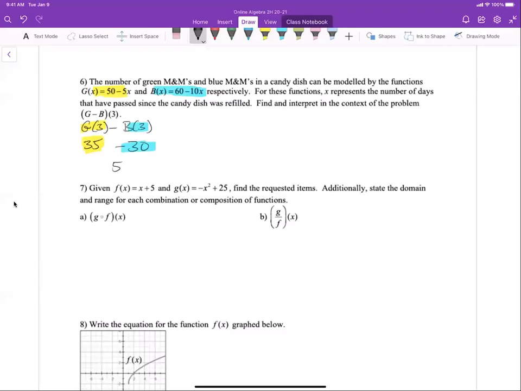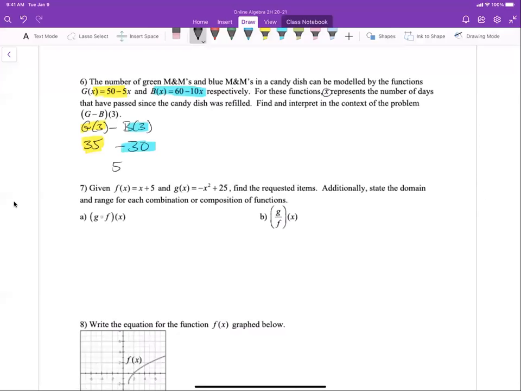Now, what does that mean? Okay, what was x? X represents the number of days since the candy dish was refilled. G was the number of green. B was the number of blue.